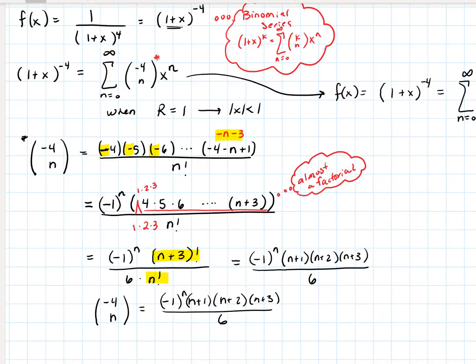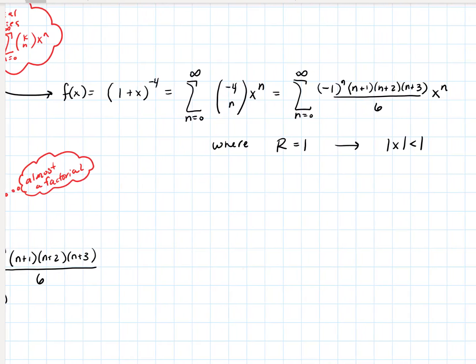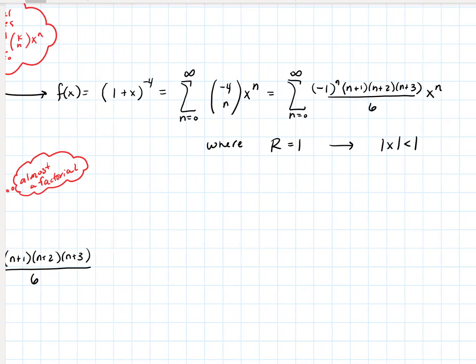We can now rewrite that function, 1 plus x to the -4th, as the power series with those coefficients times x to the n, where the radius of convergence is equal to 1.